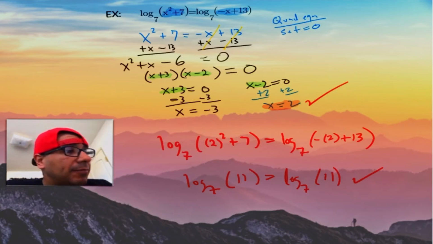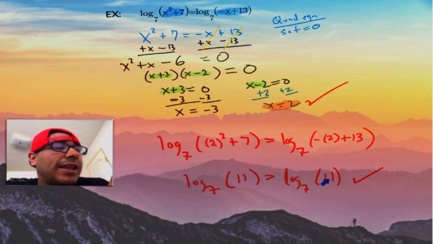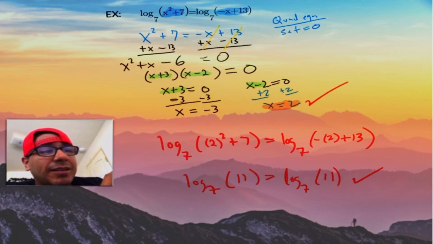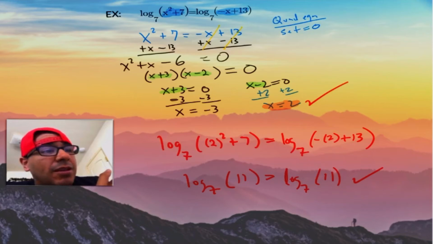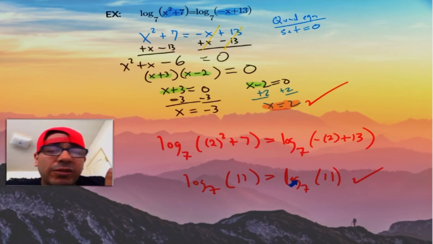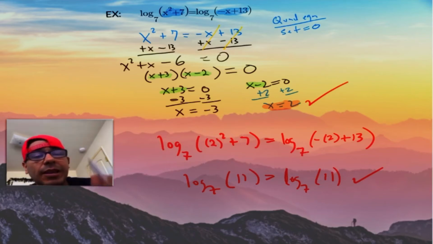But again, let's say this was log base 7 of 13 and this was log base 7 of -13. If these are not the same, then this would not have checked out. Plus, if we're talking about logs, we know the argument has to be positive. So that's another way of noticing if it doesn't work.